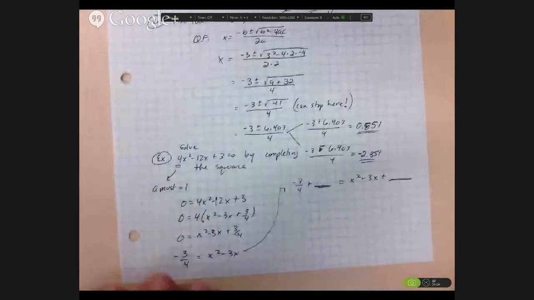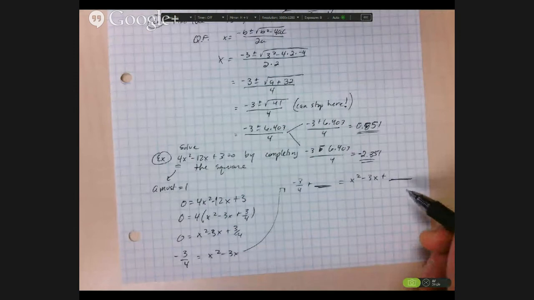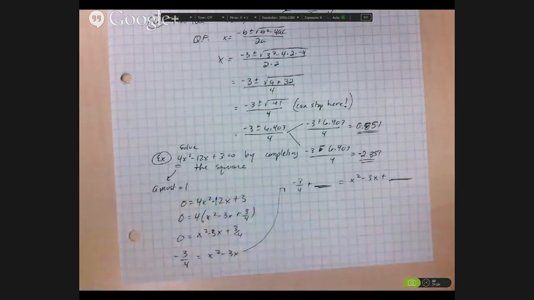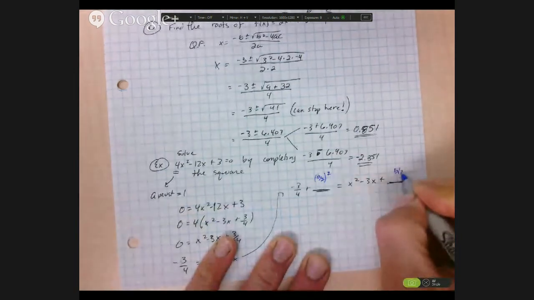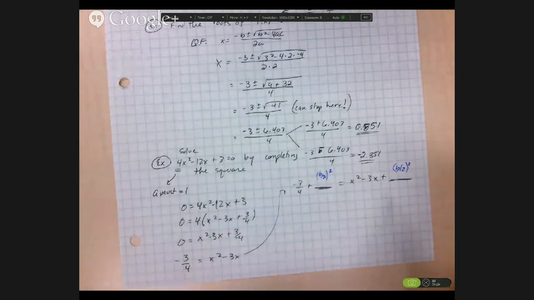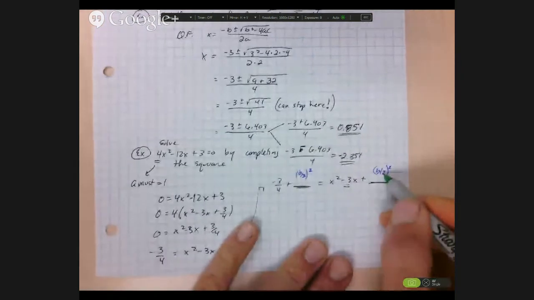All right. Do you remember what goes here? It's b over 2 squared. B is -3. So I have -3 over 2 squared.